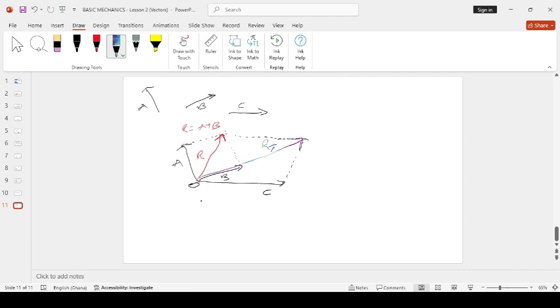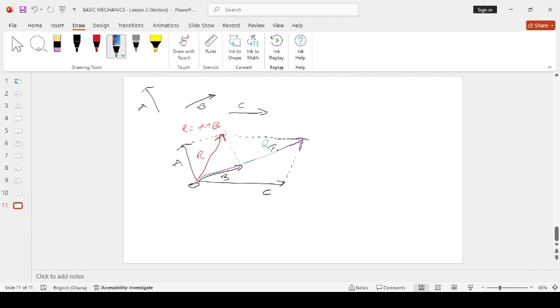First we have the three vectors A, B, and C. Then we find the resultant of any two of the vectors, let's say A and B, using the parallelogram law as R. Then we add the resultant we found from A and B to vector C to find the total resultant, vector RT.